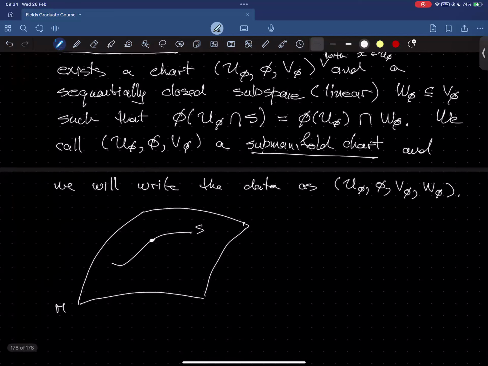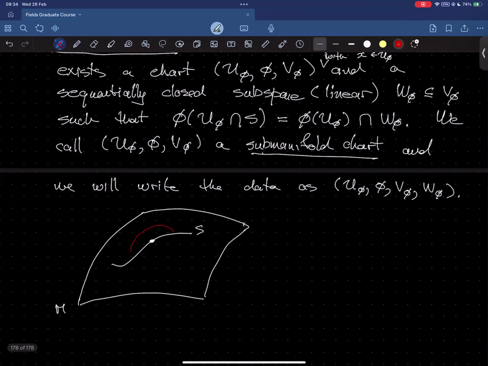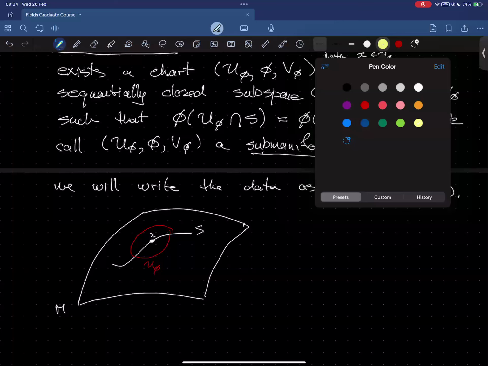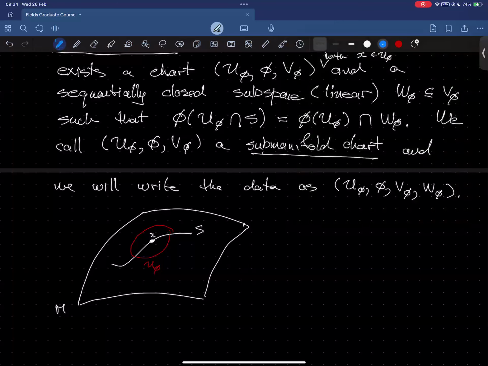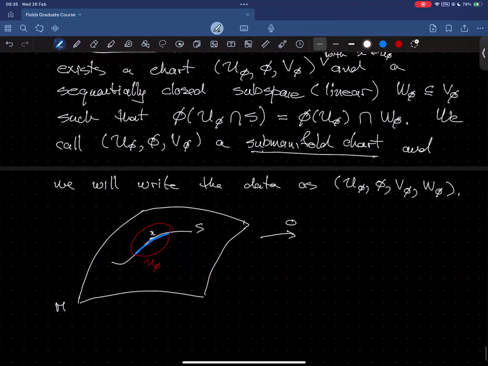The definition says, so maybe let me draw it in red, I have a chart U phi about the point X. Then U phi intersect S is this thing, because that's part of the definition. And phi maps me into V phi.